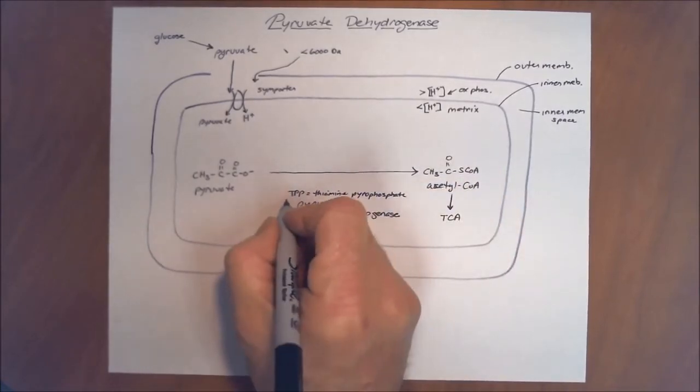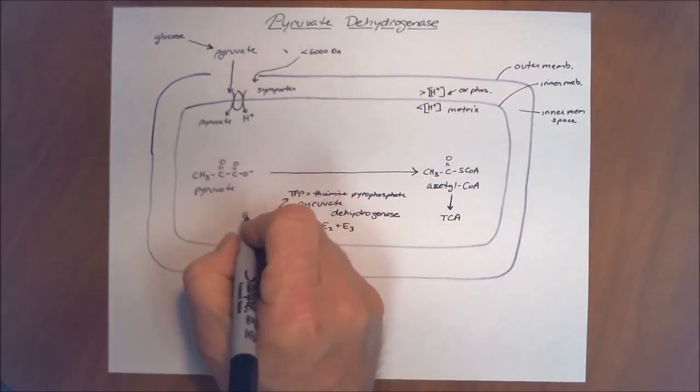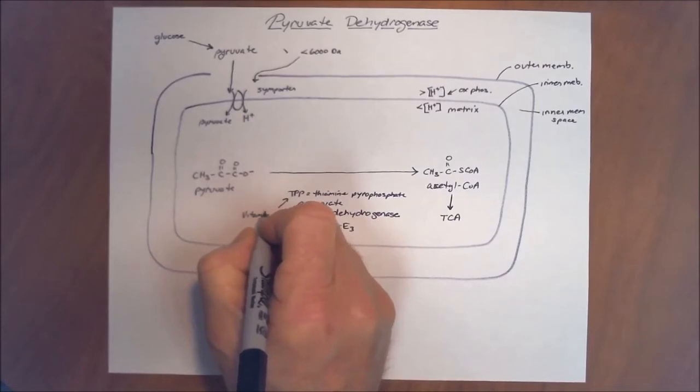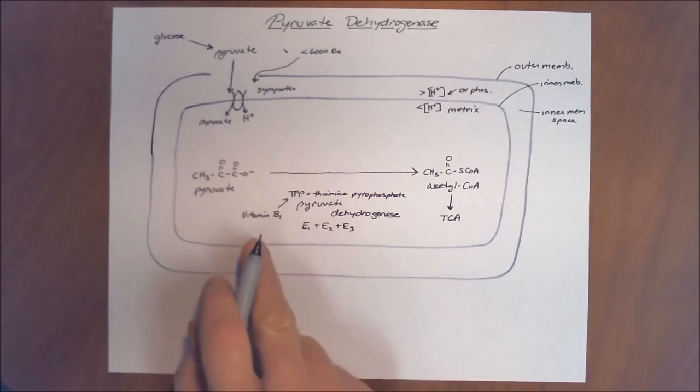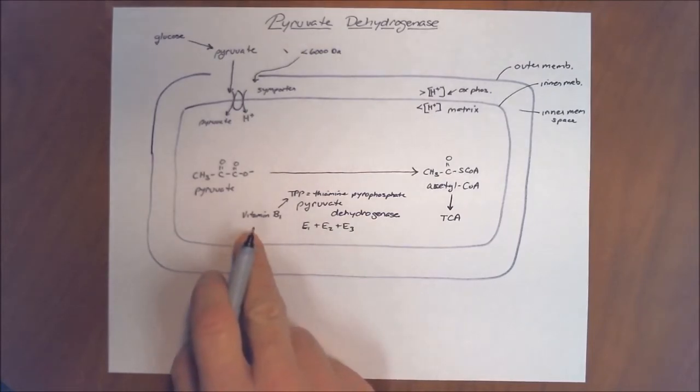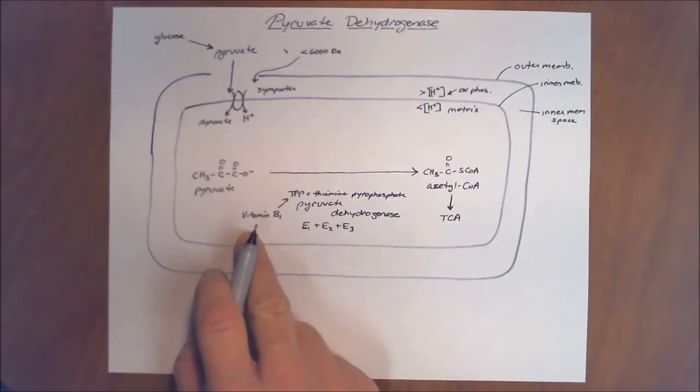The importance of this is derived from vitamin B1. So individuals with a deficiency in vitamins, especially the B complex, B1, will have fatigue because they're not able to perform energy production.